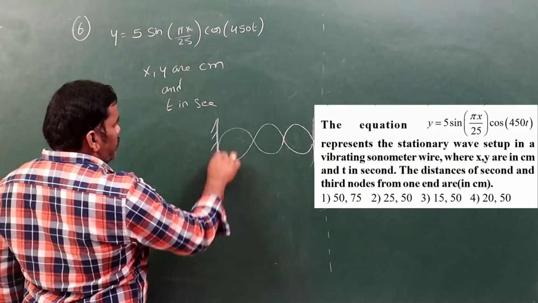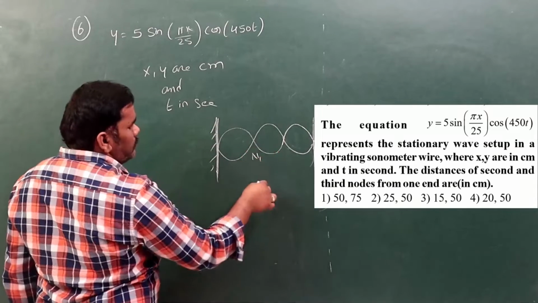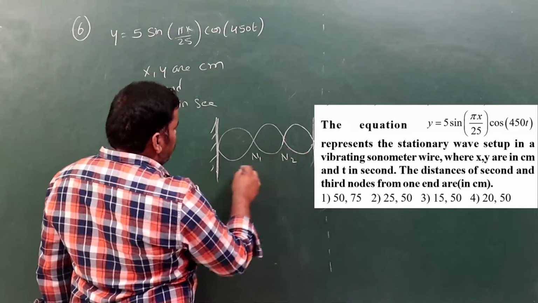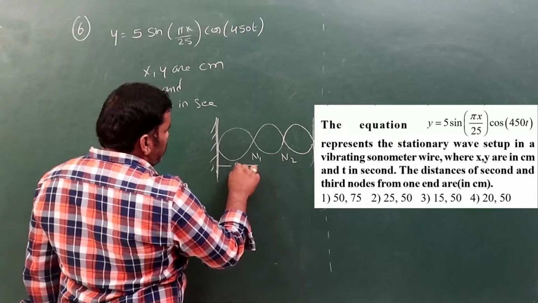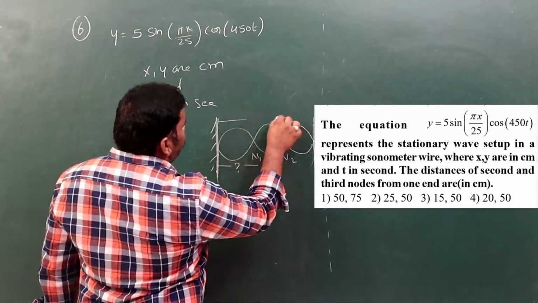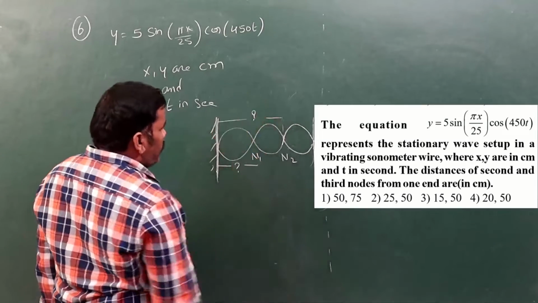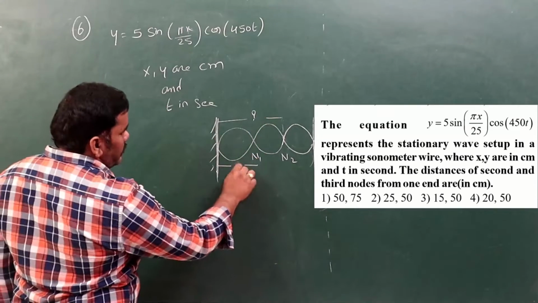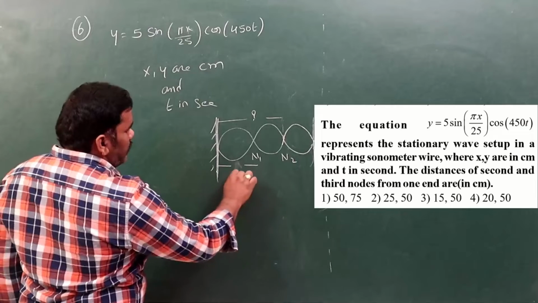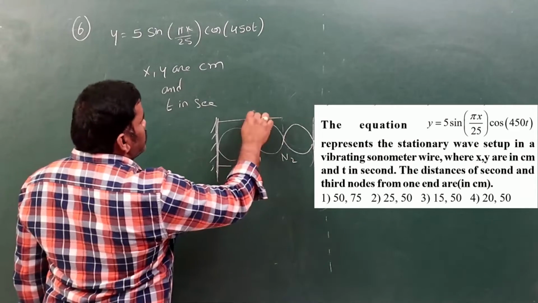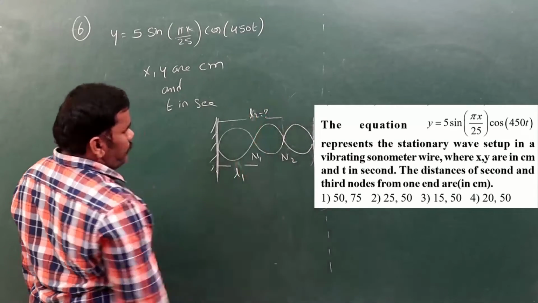This is one end, this is the first node, and this is the second node. What is the distance from here to here? You should find out. This can be considered L1, and this can be considered L2.